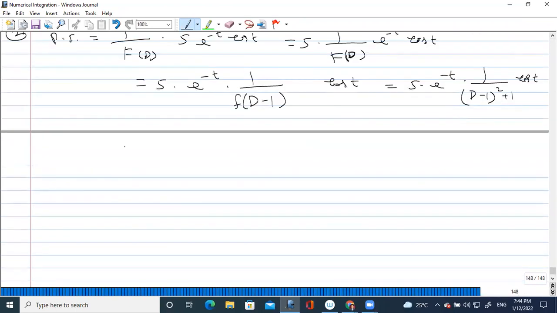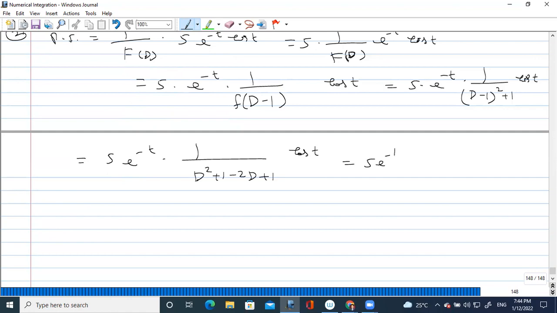Okay, so next what we can do, you can open it. 5 e to the power minus t into 1 upon D square plus 1 minus 2D plus 1 cos t.